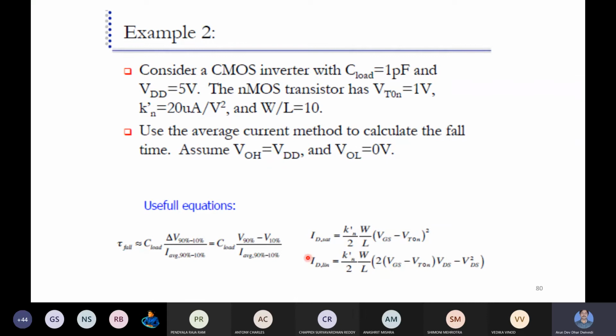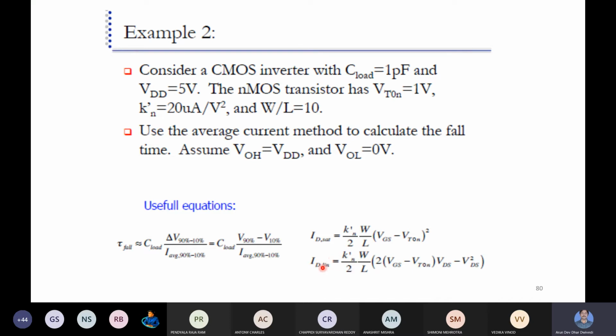Obviously, when it is at 90% in the beginning, when the output is VOH or even very slightly falling, then initially the NMOS will be in the saturation region. So for this we can use the formula Kn dash by 2 W by L (VGS minus VT0) whole square. And if it comes below VOH minus VTN, or below VDD minus VTN, then the linear equation can be used.